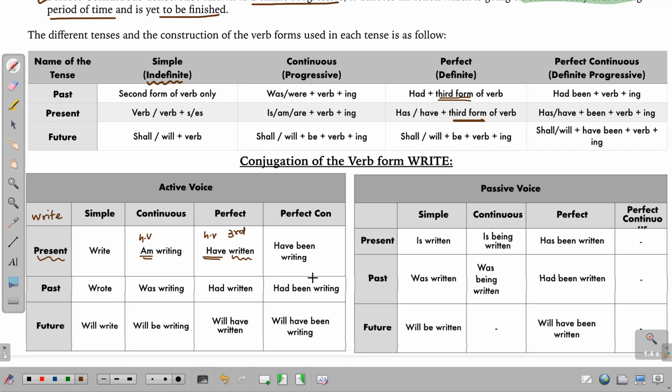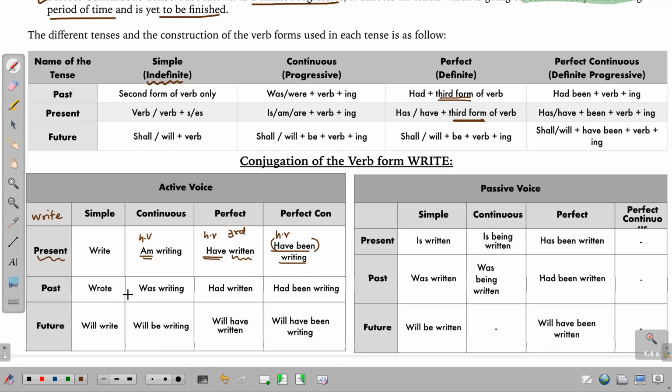So just keep that in mind. Perfect continuous, have been writing. So ing forms. Have been, again the whole verb phrase, have been writing, but again the helping verb, have been, and then writing.